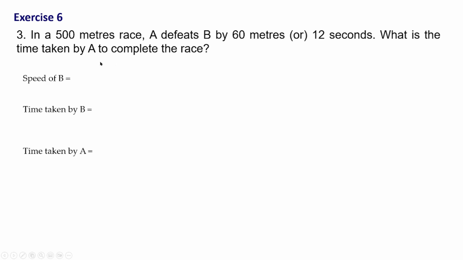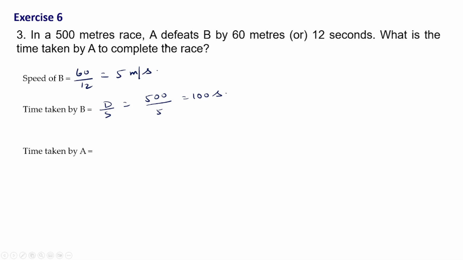So speed of B will be 60 by 12, which is 5 meters per second. The time taken by B will be distance by speed. So it is 500 by 5, which is 100 seconds.